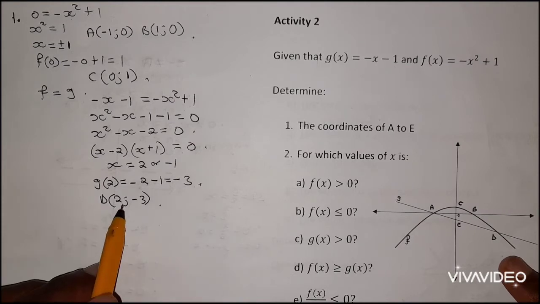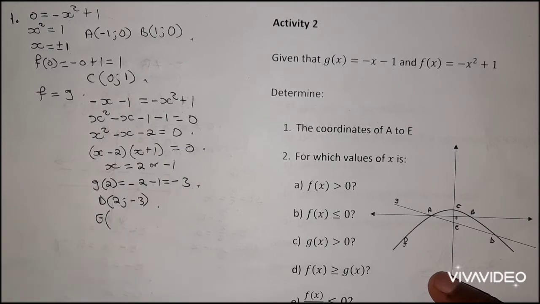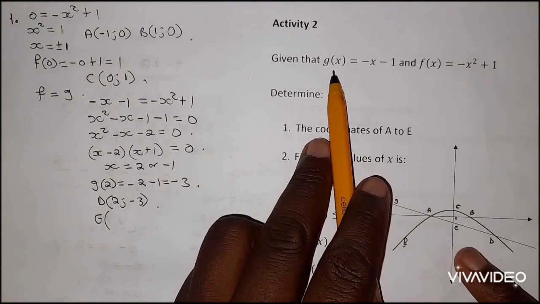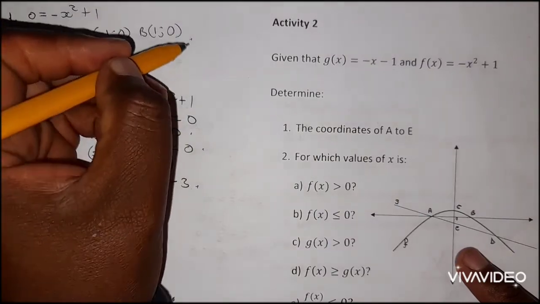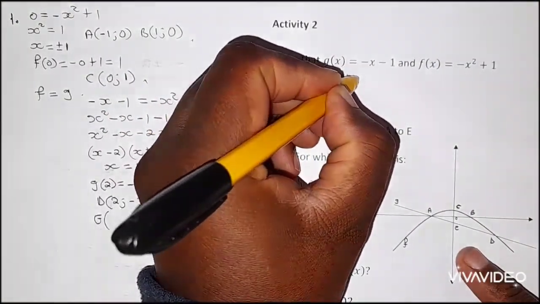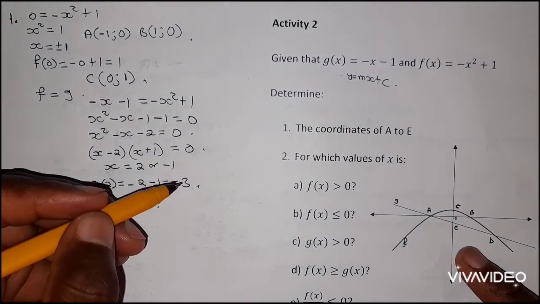So that is D. And the last one, E. The coordinates of E is our y-intercept of the function of G, right? And remember, G is in the form y is equal to mx plus c.